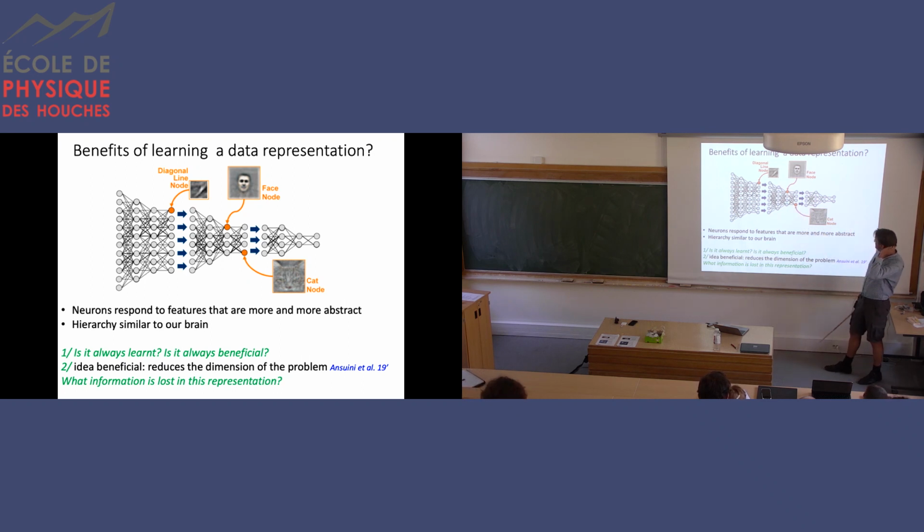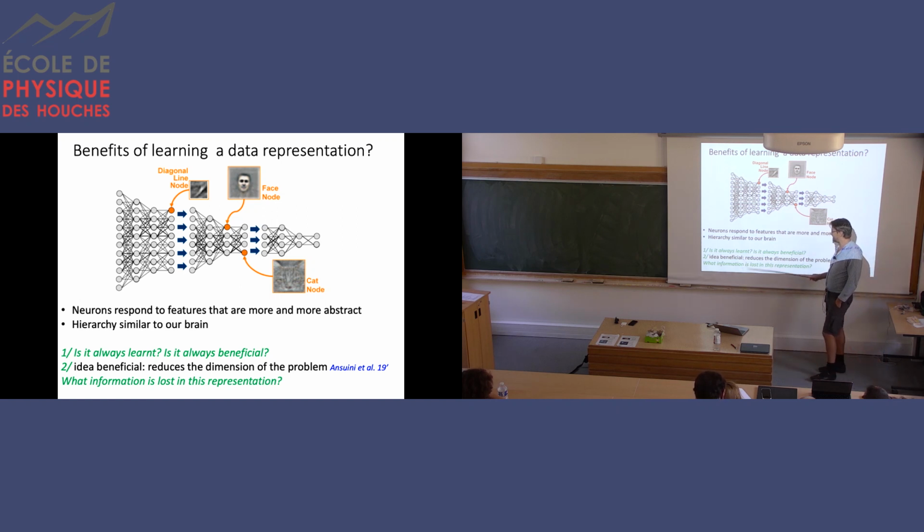I'm sure you've seen those pictures. After training, in the first layer, maybe you're going to create neurons that detect low-level features like edges, but if you go deeper, then you have neurons that respond to more abstract features, maybe the face of a man or something like this. It's beautiful. It's similar to what our brain is doing, but there are many questions associated to it.